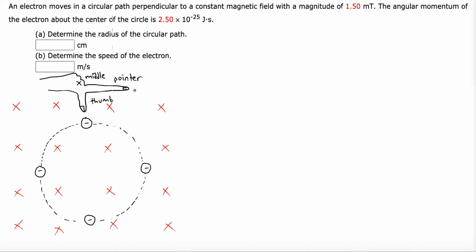All right, so I've got the pointer going in the direction of velocity. The thumb is pointing in the direction of what would be called the centripetal force, but it is also the magnetic force. It points in towards the center. So that left-hand rule just lets me figure out that this particle must be revolving in a clockwise fashion.